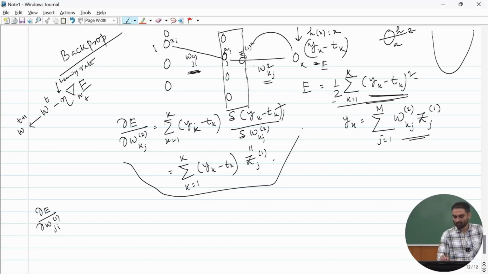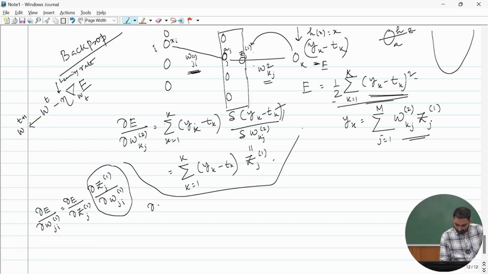Now from here, this is error E, till here, what are the operations that we have performed? We have performed Z and A. So we have to use the chain rule. So this is essentially del E del zj1 times del zj1 del wji1. Let's look at this one first.